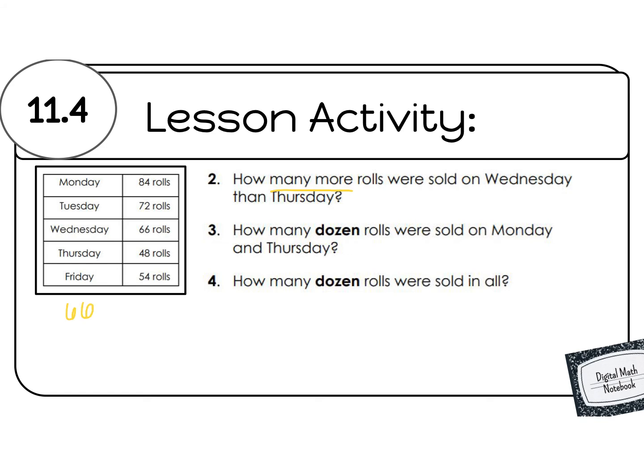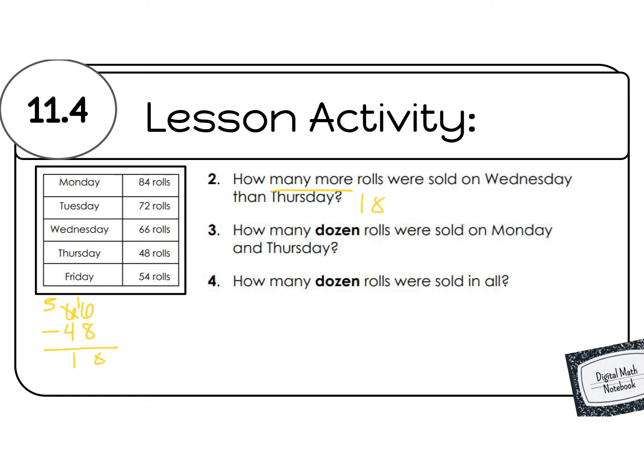So 66 minus 48. 6 minus 8 we can't do, so we have to borrow. 16 minus 8, however, is 8, and 5 minus 4 is 1. So that would be 18 more rolls were sold on Wednesday than on Thursday. In your digital math notebook, you have a spot to not only type in the number 18, but to show your work.